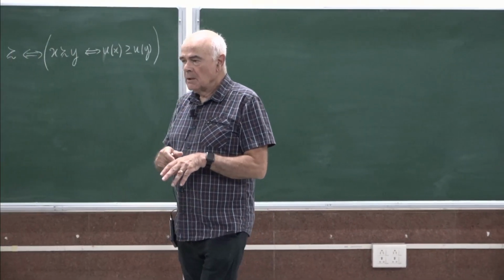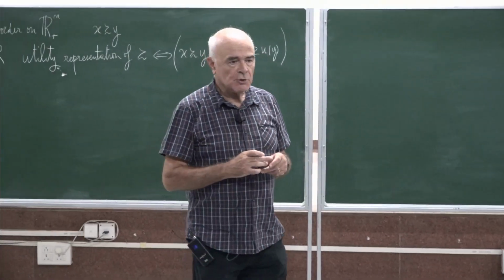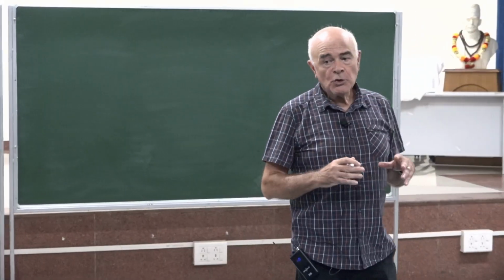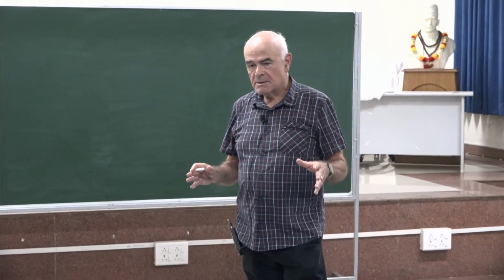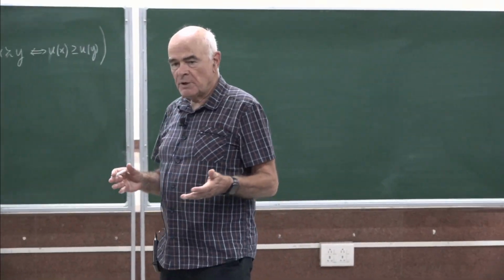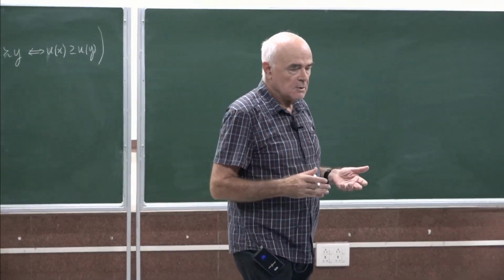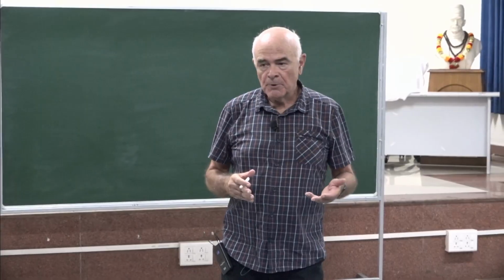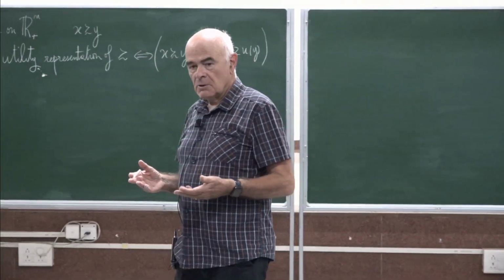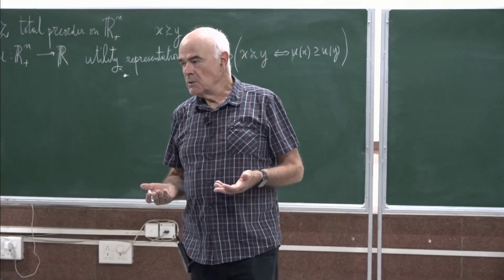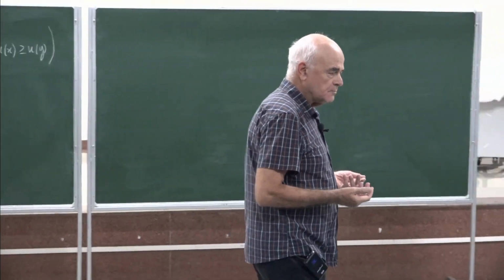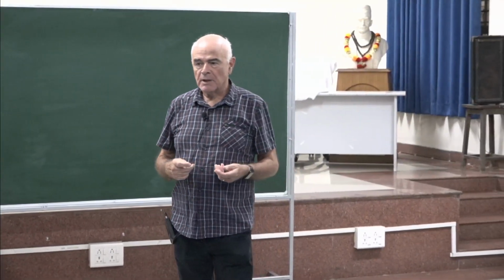This is a deep theorem, not very easy to prove. Okay? If you remove this assumption of continuity of the pre-order, no utility representation may exist. I'm going to give you a very easy example of a simple total ordering on Rn which cannot admit any utility representation. As I mentioned yesterday, this is the lexicographical order.